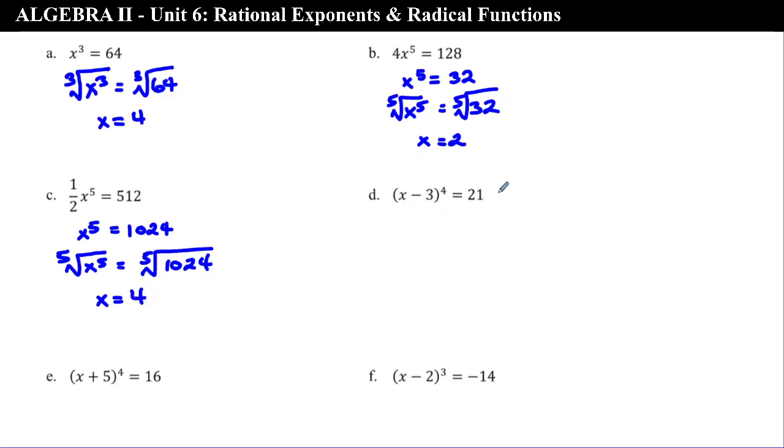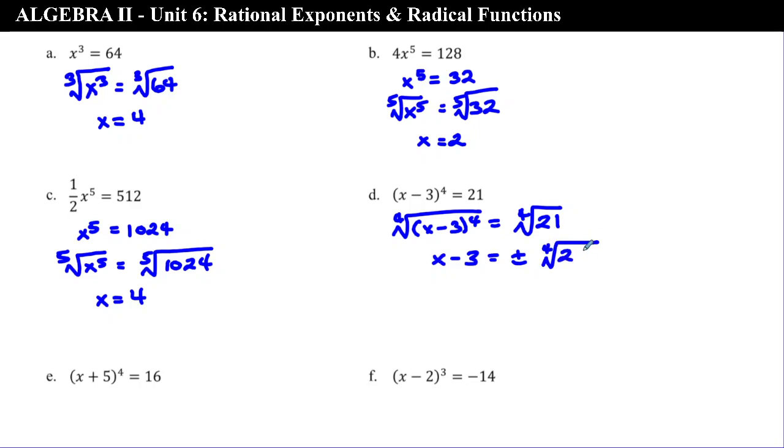For D, our power is already on the outside, so we are going to take the fourth root of each side to get rid of that power. And when you take the fourth root of 21, since it's a fourth root, you know that you're going to have a positive and a negative. So we're going to put our plus or minus sign in front of that fourth root. Now, you can't break down the fourth root of 21 without a calculator.